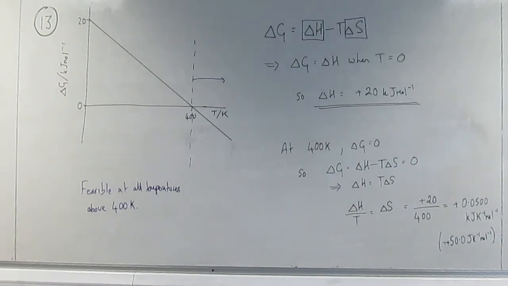But in real life they're not. And as soon as those become additional variables, then that won't be a straight line anymore. So that's the answer. It's because in real life delta H and delta S are not constants, they are themselves functions of temperature. But for simple reactions, the straight line is often a reasonable approximation.